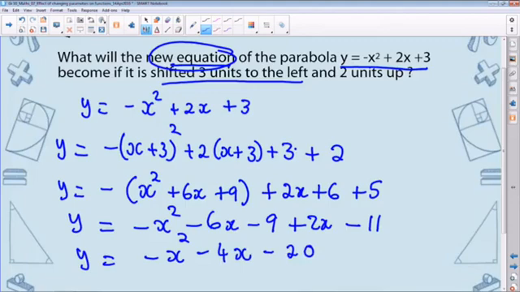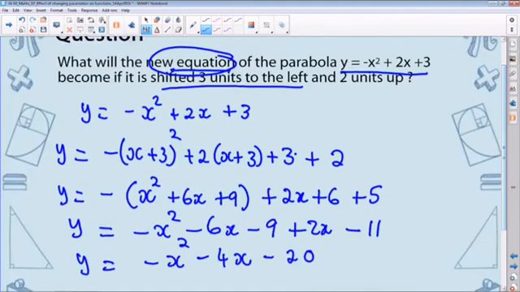Just double check, okay? So you've got minus x squared, right? X squared plus 6x plus 9 plus 2x plus 3, which is your 2x plus 6 plus that 3, okay? And then plus 2 units, 2 units up. And where am I getting this 5 from?